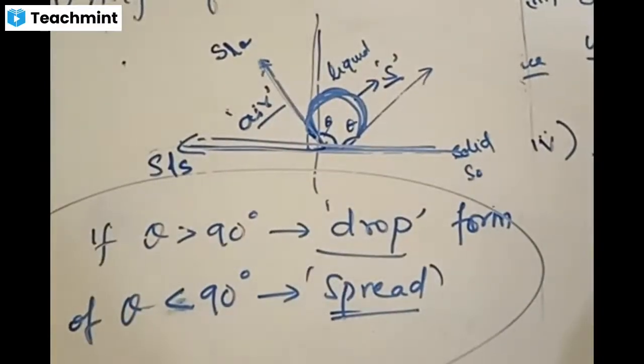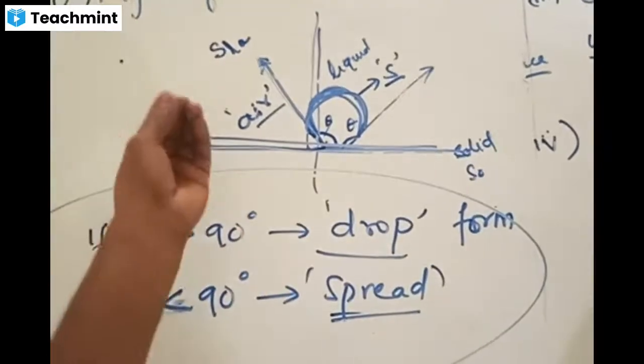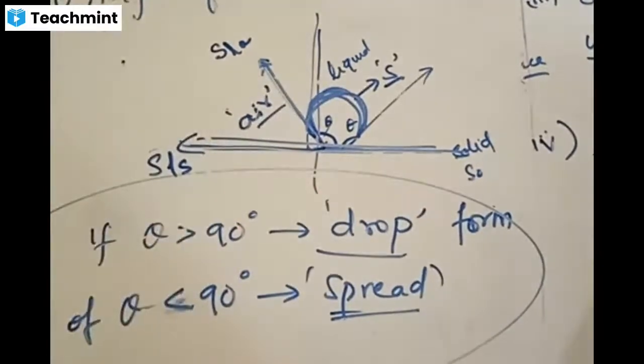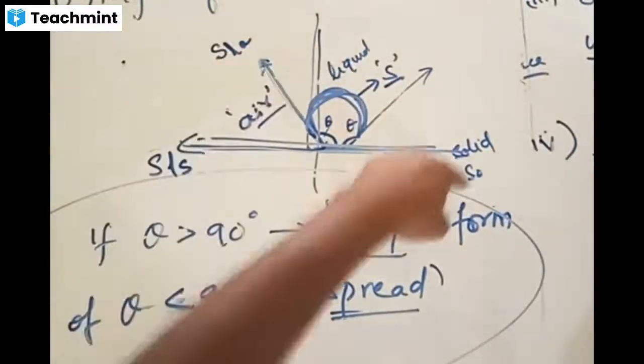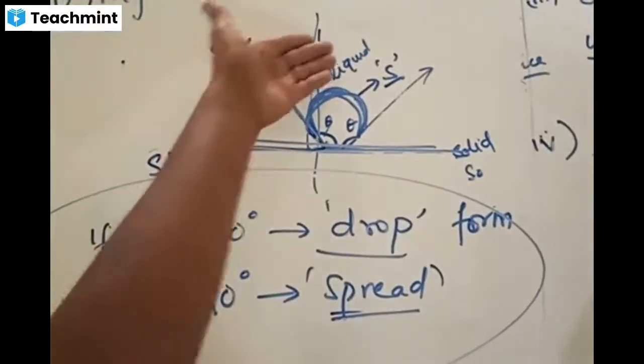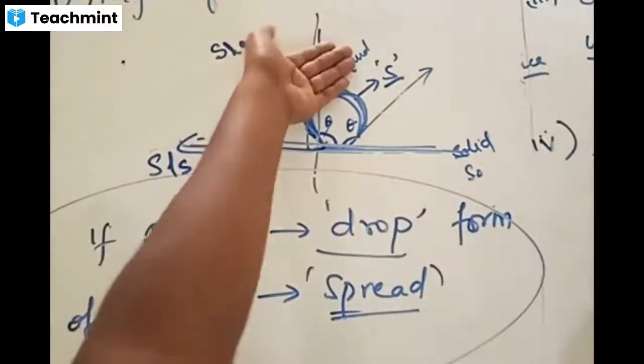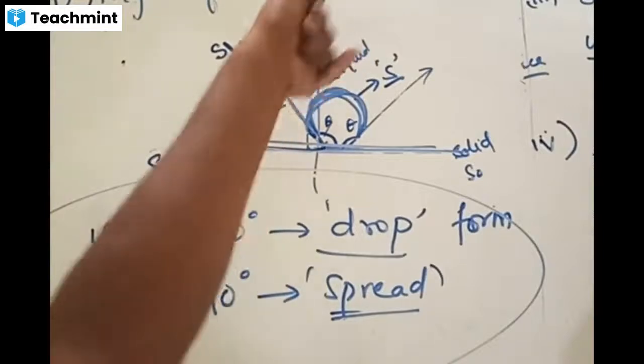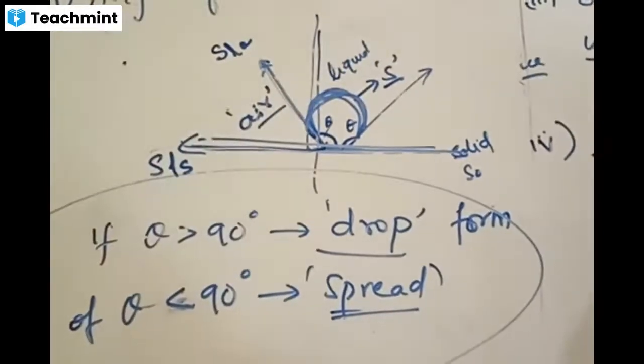Obtuse, right? Very good. This is applicable for any liquid with any solid interface. For understanding purposes, I have taken water and some solid surface. This liquid could be oil, ghee, honey, mercury, anything else.